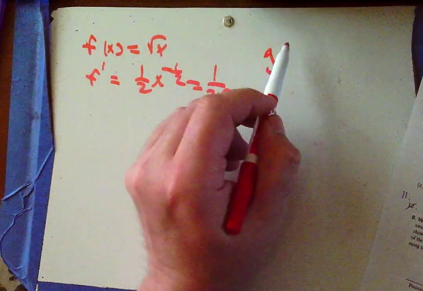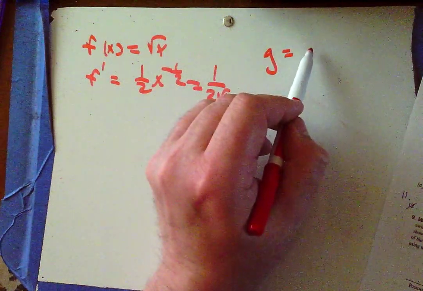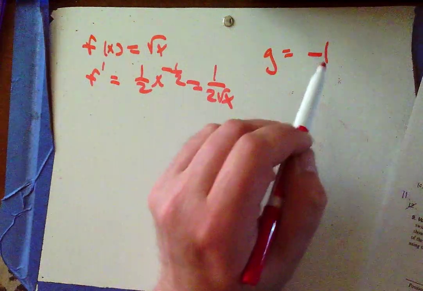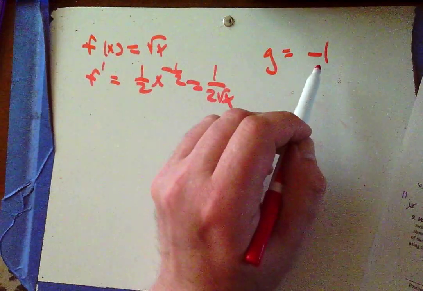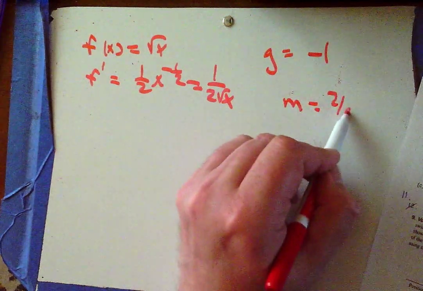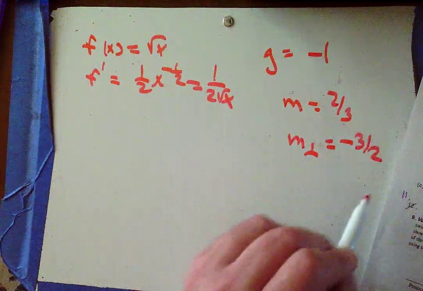So the slope of g is given as -1. And we remember that the slopes of perpendicular lines are opposite reciprocals, right? So if you had 2/3, then the perpendicular line would be -3/2.